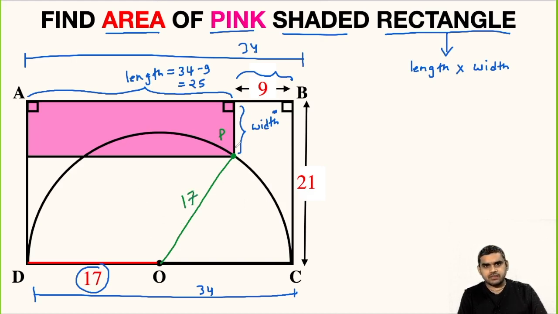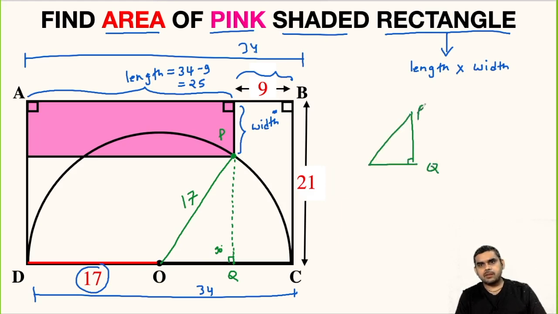Likewise, let us produce the width of the rectangle so that this is 90 degrees and name this point as Q. Now if we focus on triangle POQ, this is Q, P and O, this is 17 units.